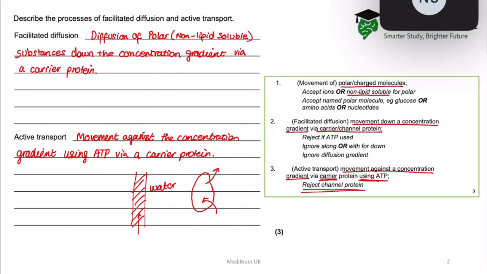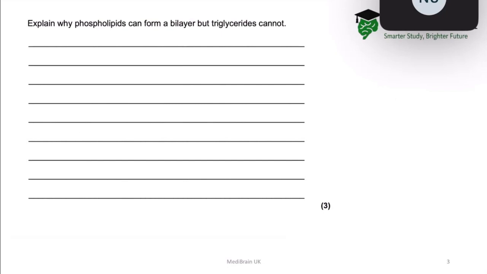Our next exam question is here. It says explain why phospholipids can form a bilayer but triglycerides cannot. Again, I'm going to give you a couple of minutes to have a go at this, and then I'll go through the answers with you. Once you have an answer, you can let me know in the chat and I can have a look at it for you.